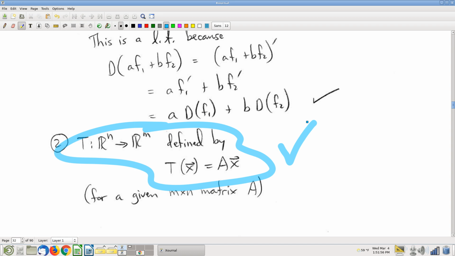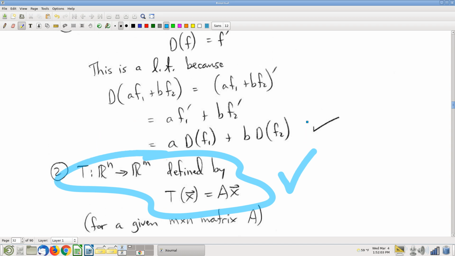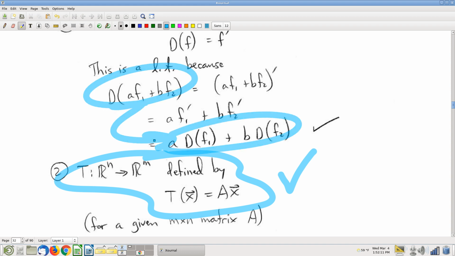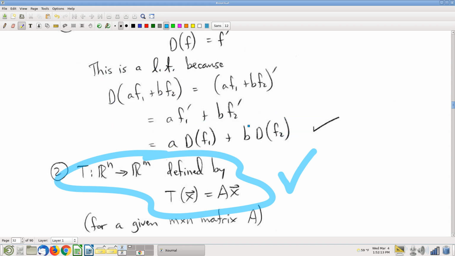So, an exercise for y'all to confirm that this is a linear transformation. Like I say, the demonstration is going to look a lot like this argument that we just did here. You're going to look at a linear combination of inputs and confirm that you get the corresponding linear combination of outputs. You're going to use long established facts about algebra that we already know how to do.